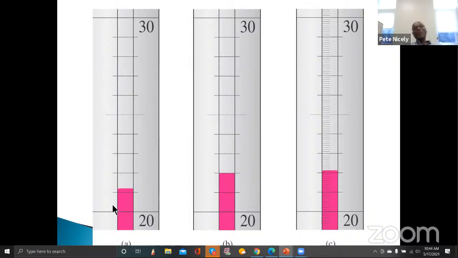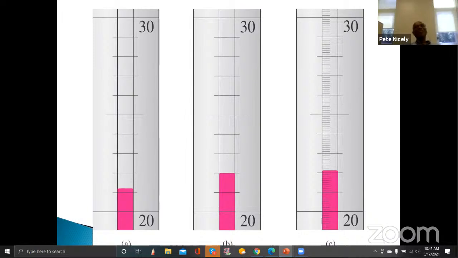One person could look at this and say, I think this is 21.2. We know the first 2 digits, 2 and 1, but the third digit we're estimating, and where it is here, it looks like 0.2. Another person could just as reasonably say, I think it's 21.3.